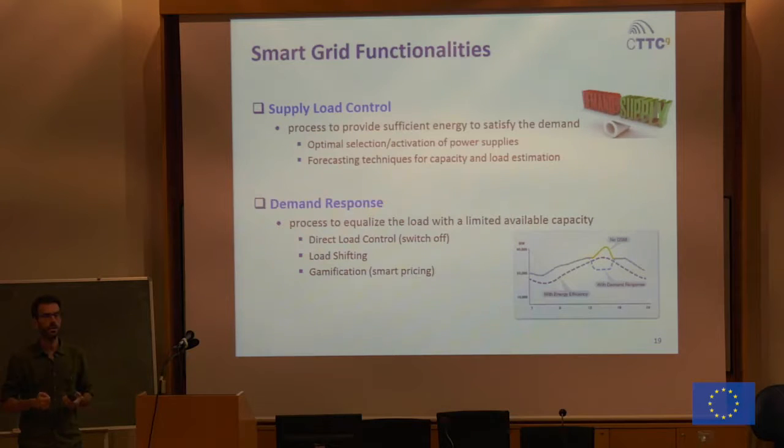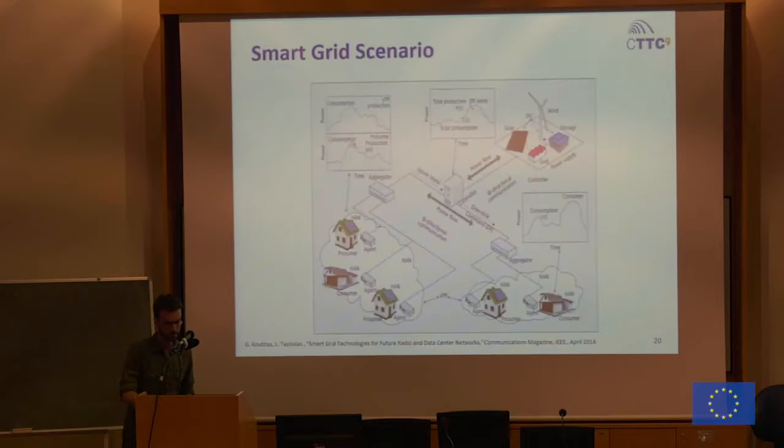This may be done by brute force, so the washing machine is not switching on, or through what is called gamification. The idea is that you have a smart pricing process. If you use the washing machine during the evening, you pay less, so you are incentivized to use it at a different point in time.